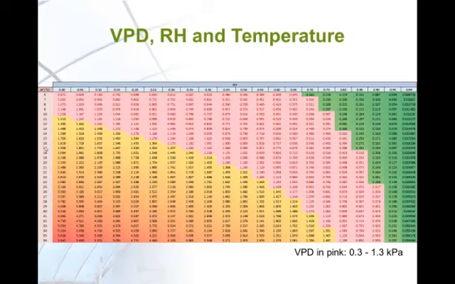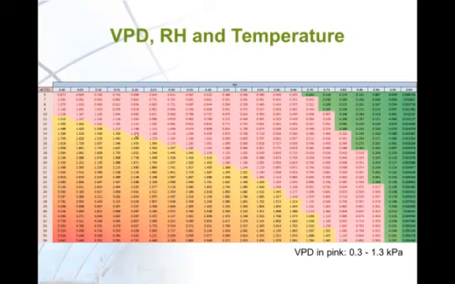So in this big table, columns are showing relative humidity, 0% to 99%, and rows are showing temperature in Celsius. And then the values in here show the VPD computed at each combination of relative humidity and temperature.